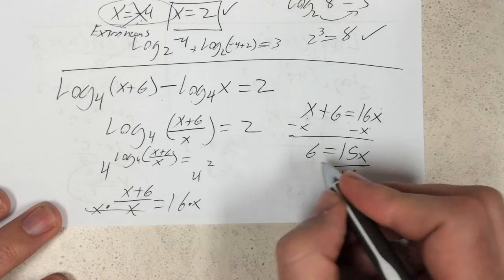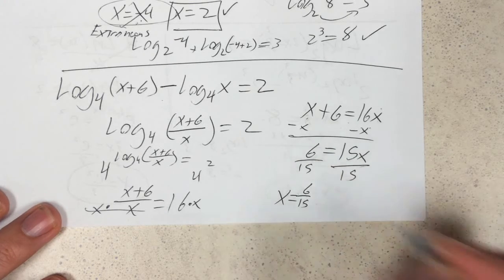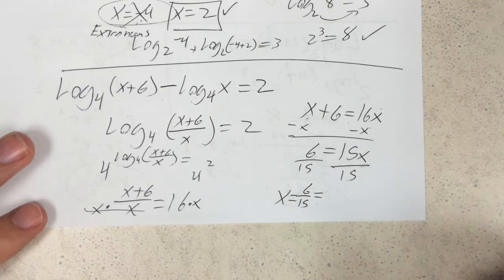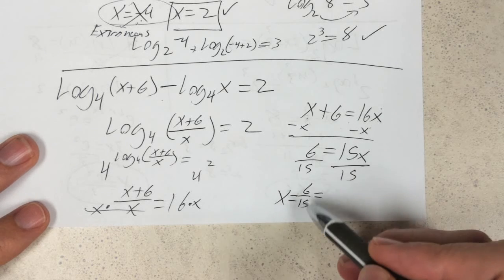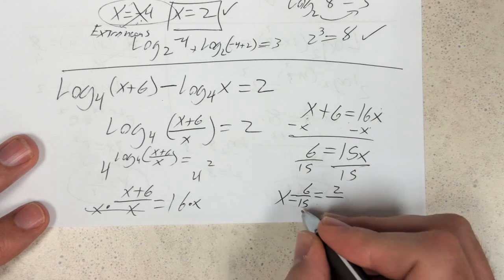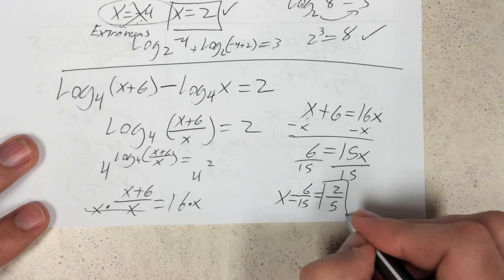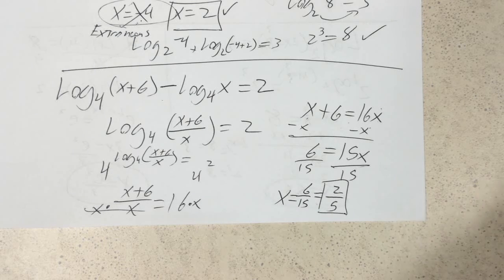And then we'll divide by 15. And so our answer is x is equal to 6/15, which we want to simplify. Both of these are divisible by 3. So 6 divided by 3 is 2. 15 divided by 3 is 5. 2/5 is our answer there.